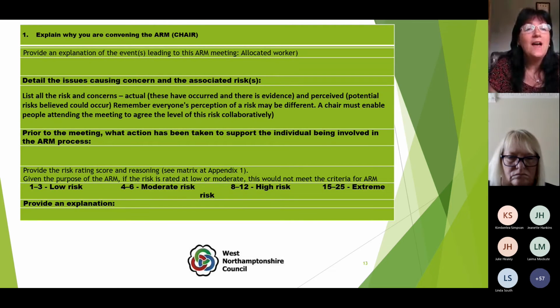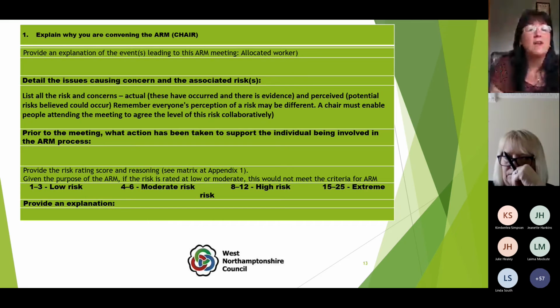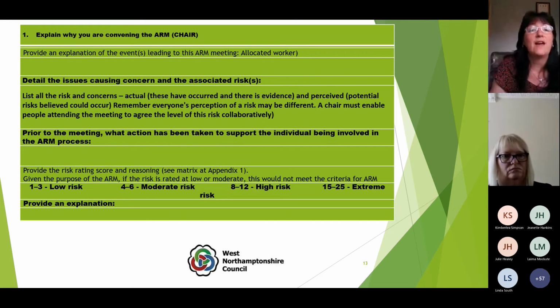So as a chair, you need to explain why the ARM's being convened. You need to provide an explanation of events leading up to the ARM, detail the issues causing concern and some of the associated risks. So list all the risks. Are they actual risks? Have they occurred?